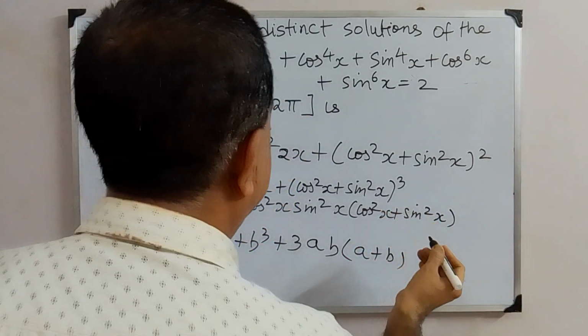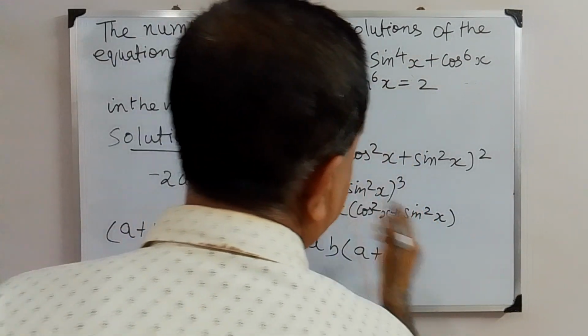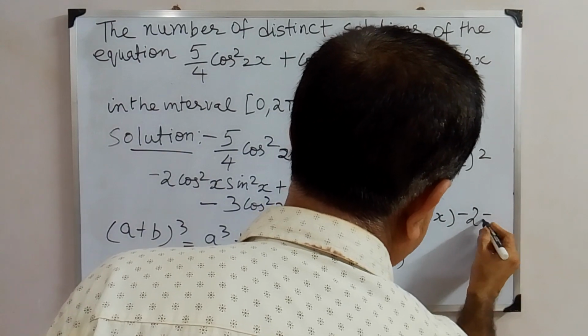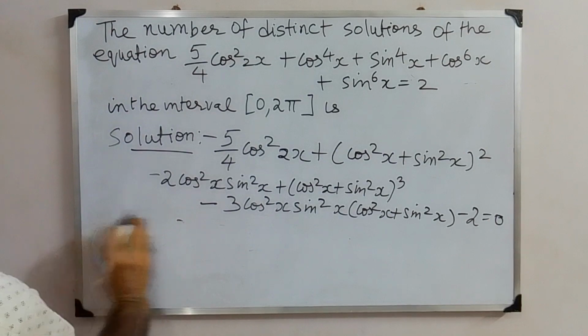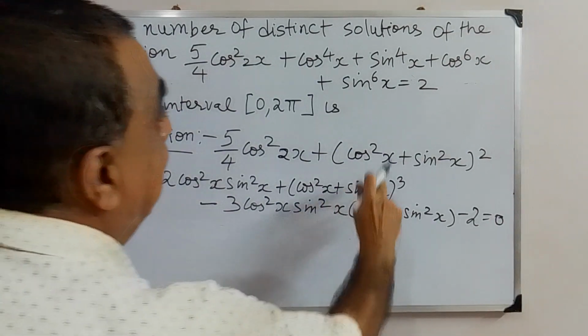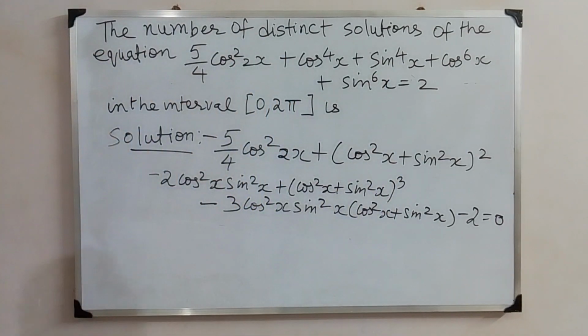And here the plus 2, I am bringing to this side, so that will become minus 2 equals 0. Then this equation and that equation become equal.